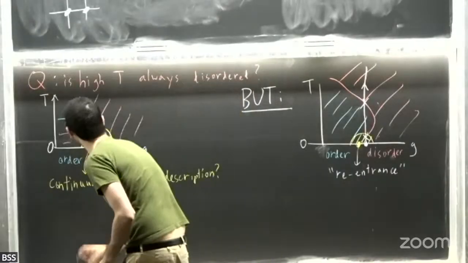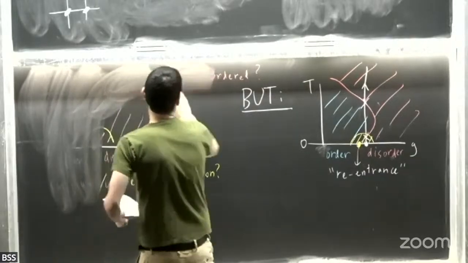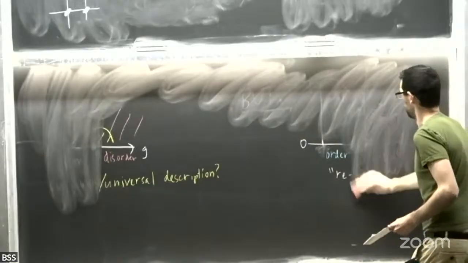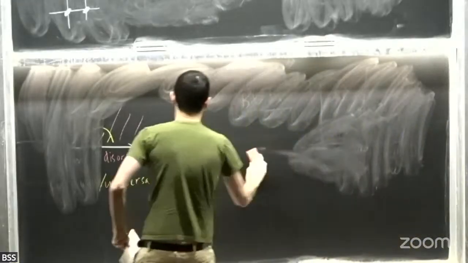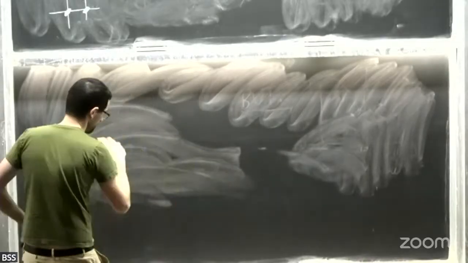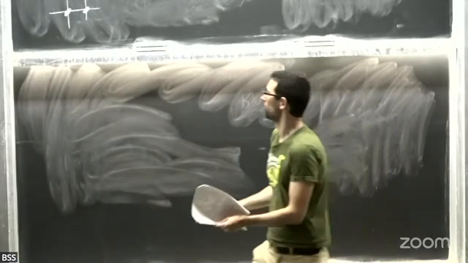Right. So let's guess what the phase diagram of this model looks like. As we did with the 2D Ising model, we could start with 0 temperature. So at 0 temperature, it's easy.